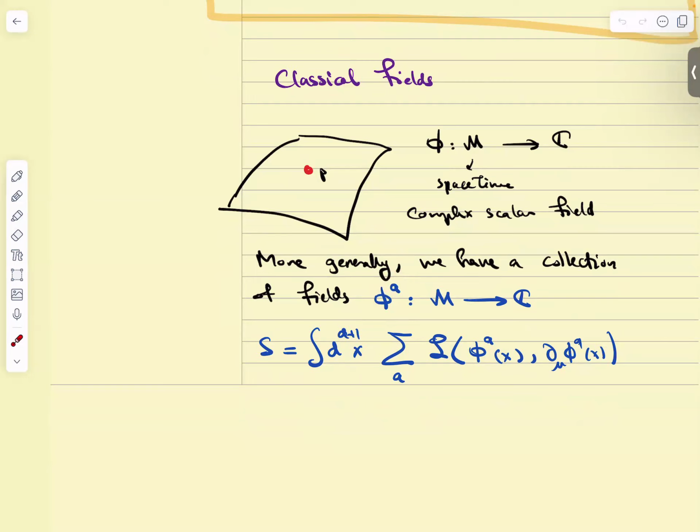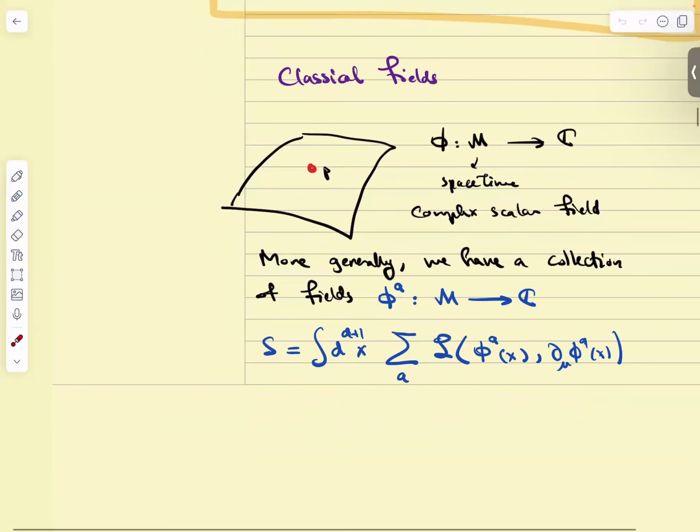And then we are going to write, as we said, by the principle of locality, an action, which is a sum over all fields A of an integral of this form. This is the action that we've talked about, right? But I have to first define what these two things mean.